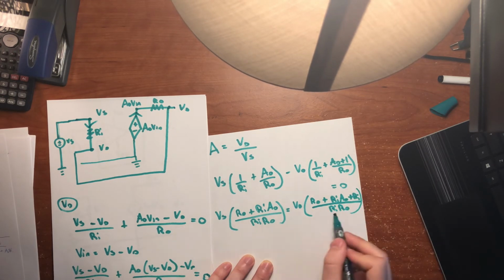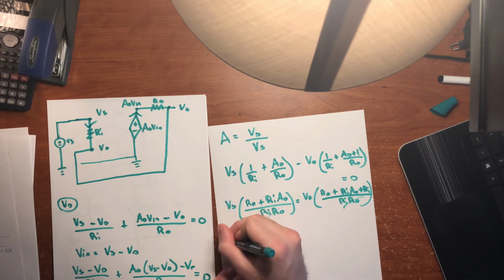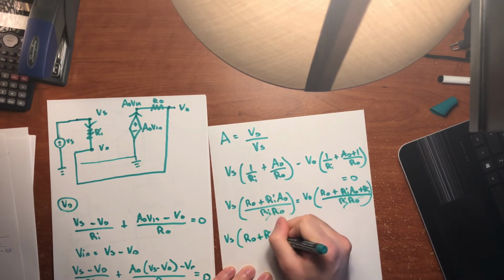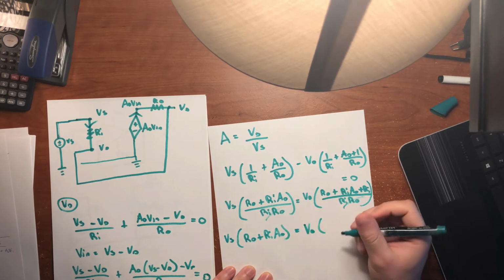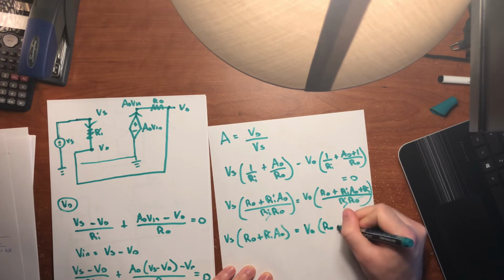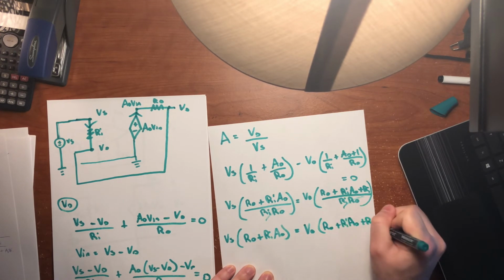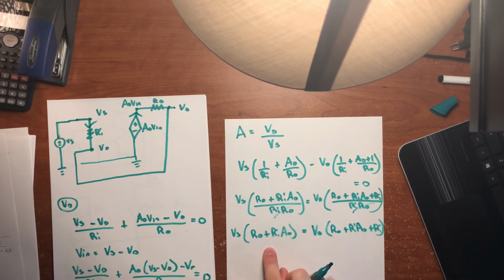So these two denominators are the same, so we could actually cancel them out. So we end up with Vs R naught plus Ri A naught equals V naught, which is R naught plus Ri A naught plus Ri. Okay, so now we have Vs and V naught isolated.